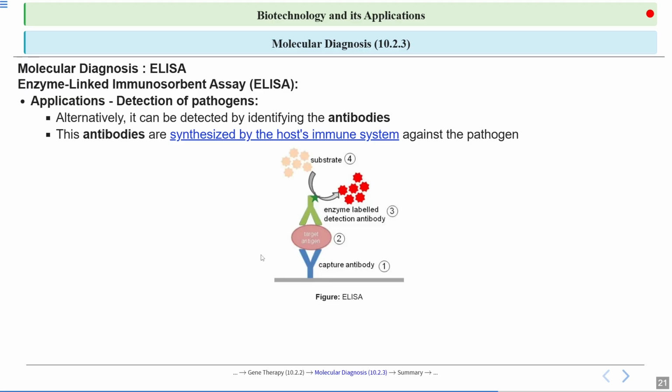We will use a secondary antibody, an enzyme labeled antibody. The enzyme present with this antibody has the ability to convert the substrate from one color to another. If that change of substrate happens, it means this antibody, which is specific for this target antigen, has gone and bound to it. It means there has been the presence of that antigen. So this is how it works.